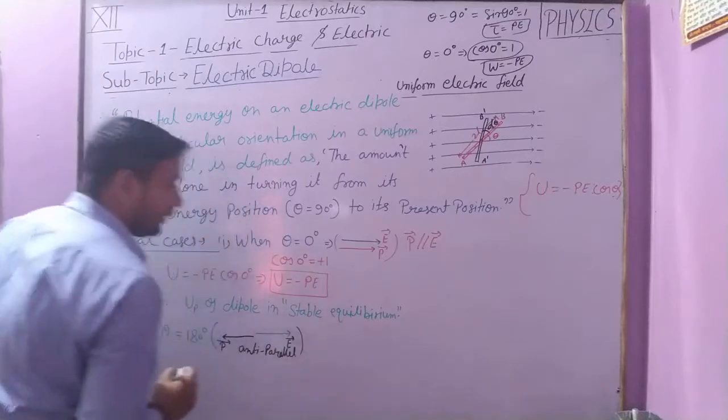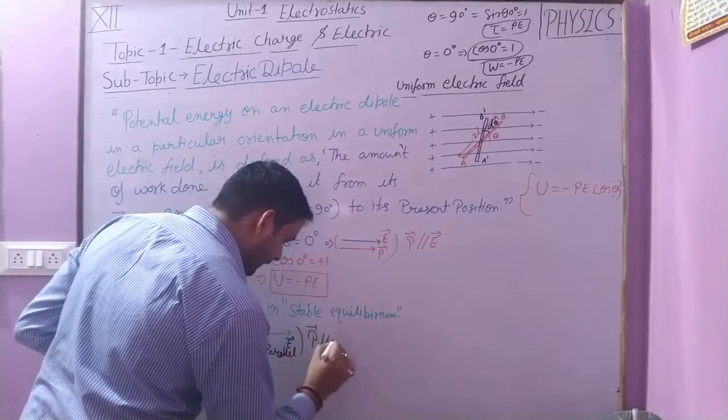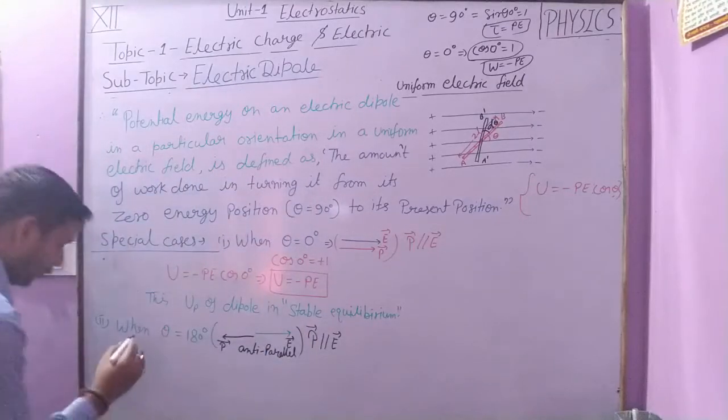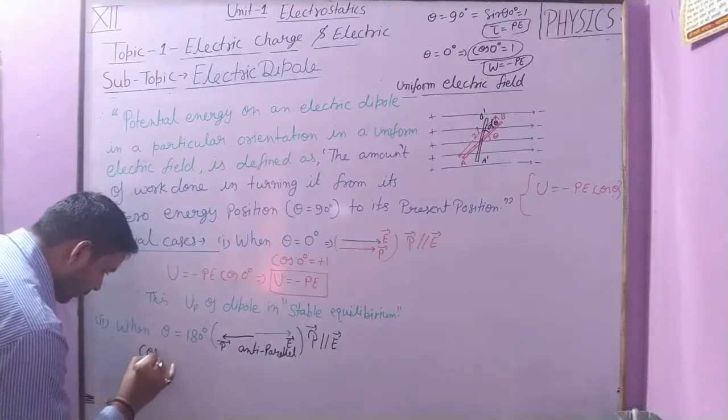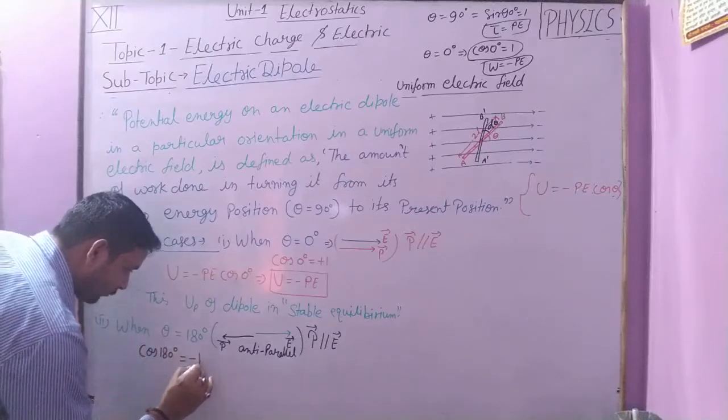P is parallel to E but opposite in direction. For this case, cos 180 degree is equal to -1.